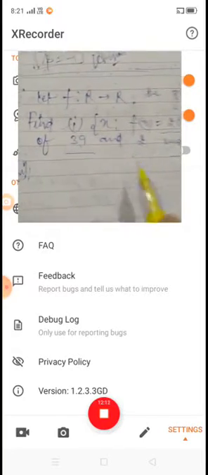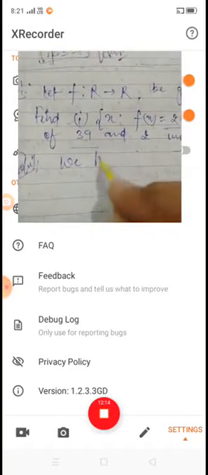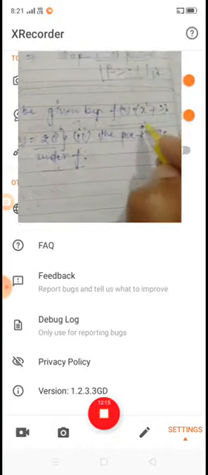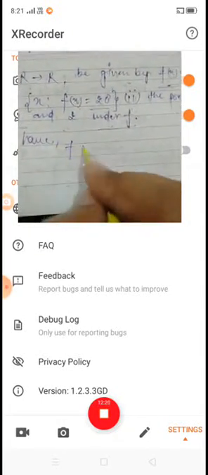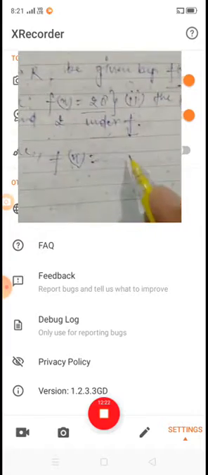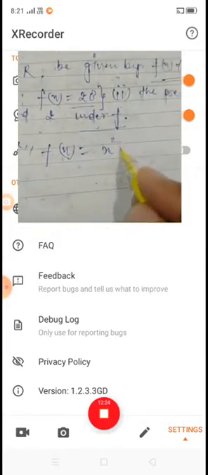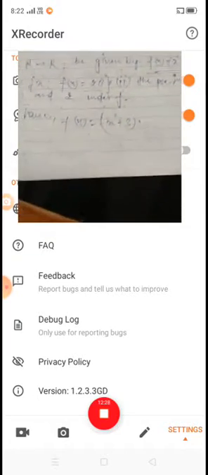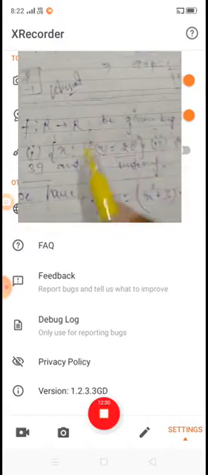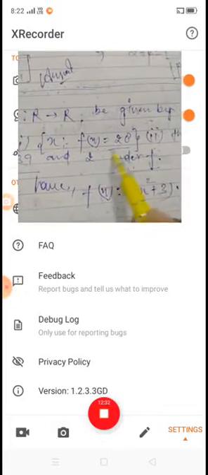First of all, we have the given function f of x is equal to x square plus 3. Now we first find x such that f of x is equal to 28.